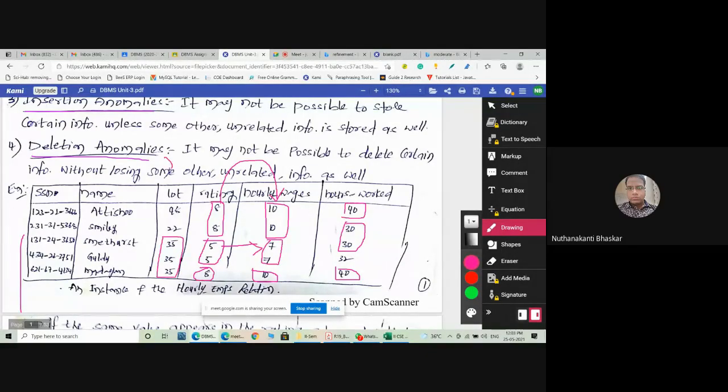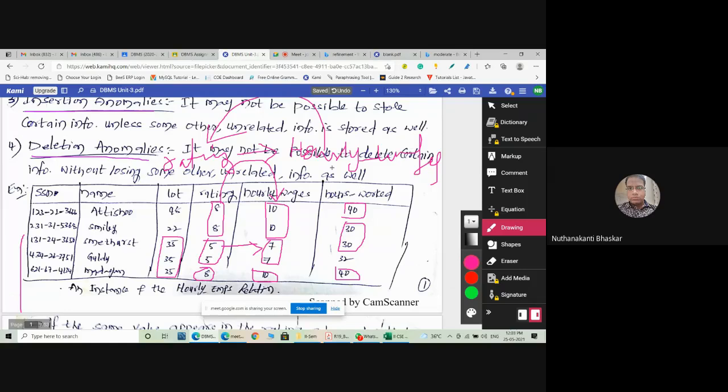Yes, exactly. That's why you can write it like this: rating determines hourly wages. It means hourly wages always depend on the rating. This is called a functional dependency.